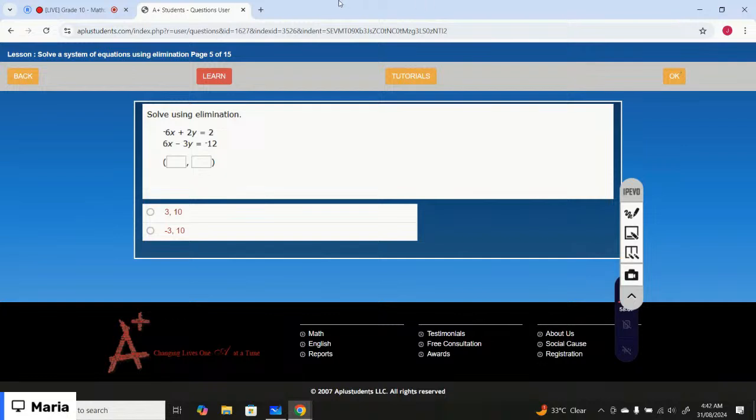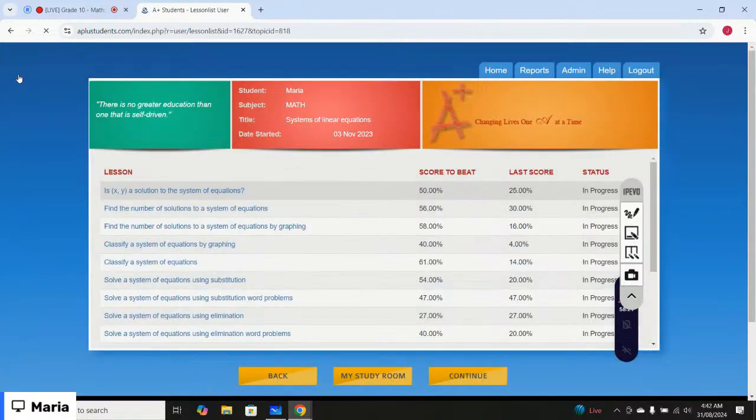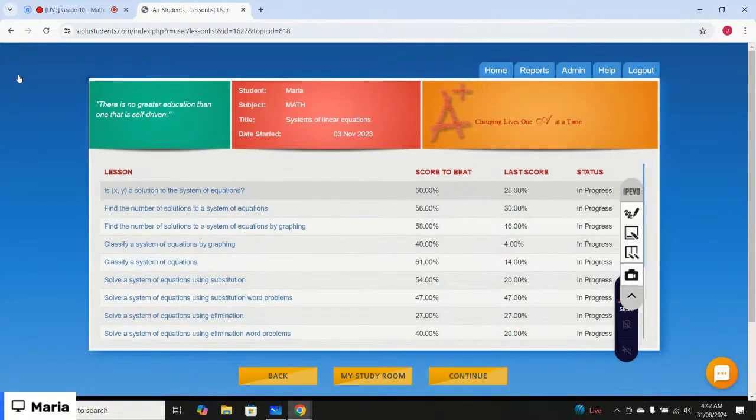Okay, you can complete the lesson by yourself later today. So we were working on grade 10 math. The chapter we were working on is system of linear equations. The lessons we have covered today are solve a system of equations using substitution, solve a system of equations using substitution word problems, solve a system of equations using elimination, and the word problems for the elimination you have to do on your own, right?